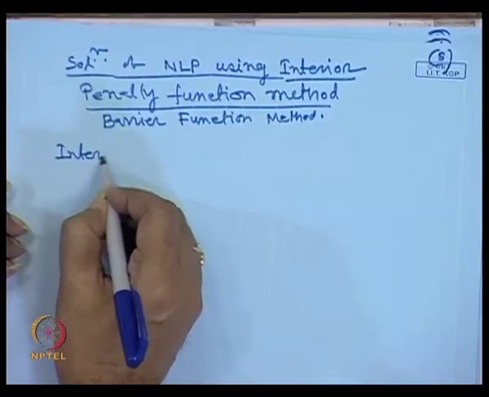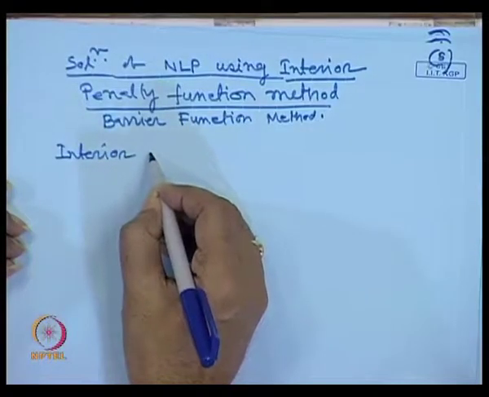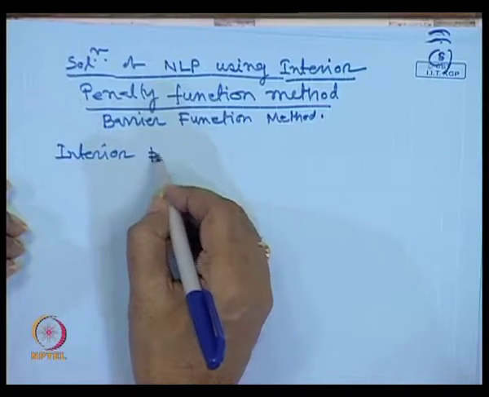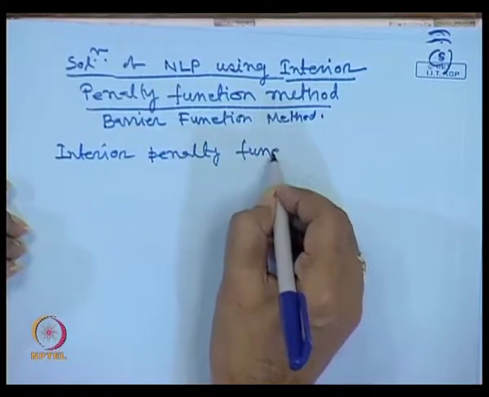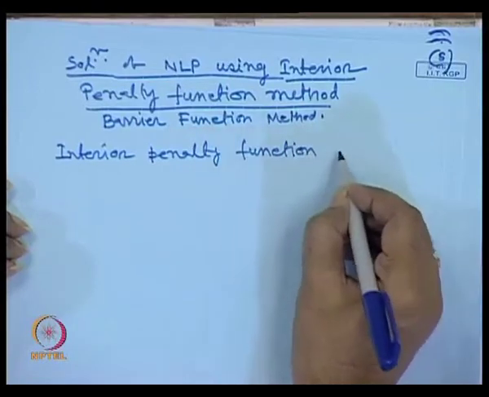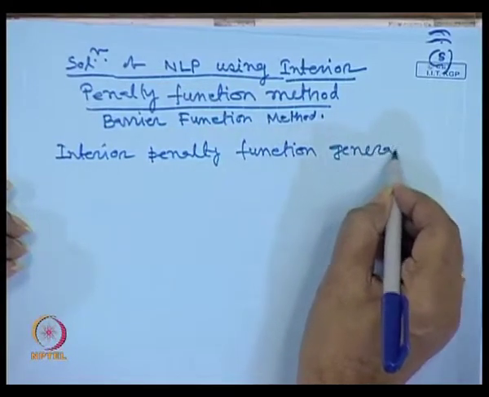Since we have m inequality constraints, we have to penalize them: the sum over j equal to 1 to m of minus 1 by g j of x. Agree? Now look at this. Our point is an interior point, meaning the point is inside the feasible region. When it is in the feasible region, g j of x is negative.